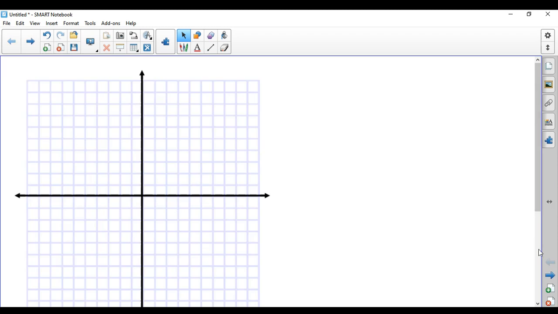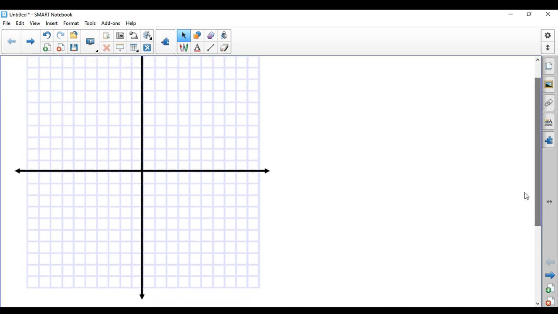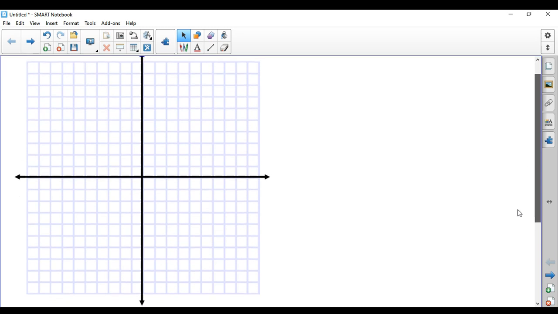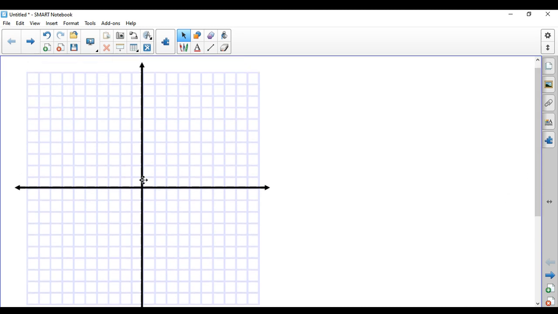Now, when I refer to this, the mathematical term for a graph that has two full lines, one vertical and one horizontal, is called the Cartesian plane. So if I ever say Cartesian plane, I just mean a full-on graph. As you can see, because of these thick black lines going through the middle vertically and horizontally, we have 4 quadrants.